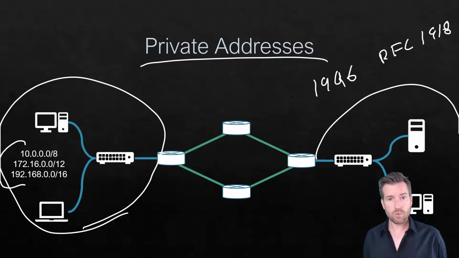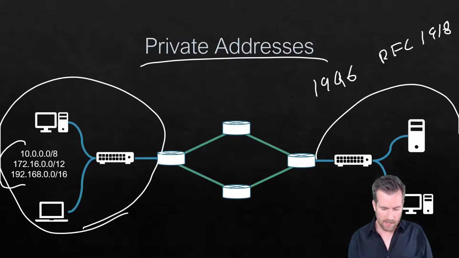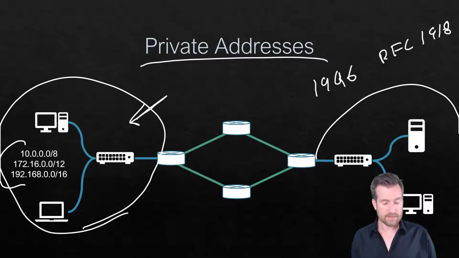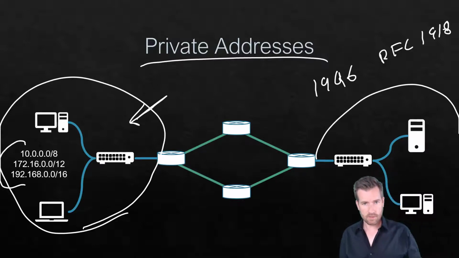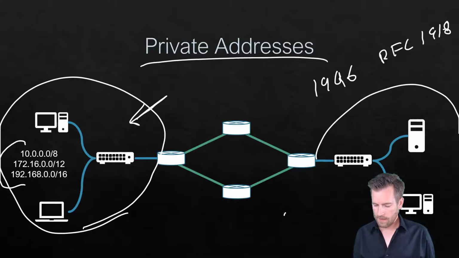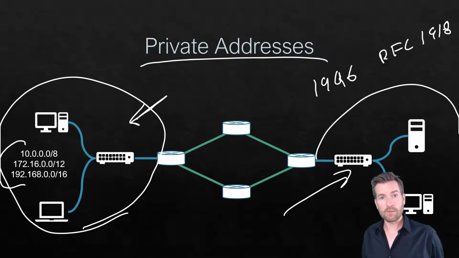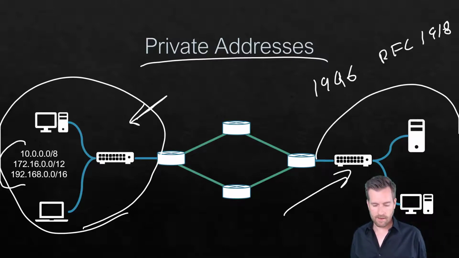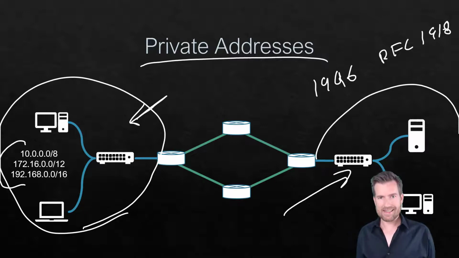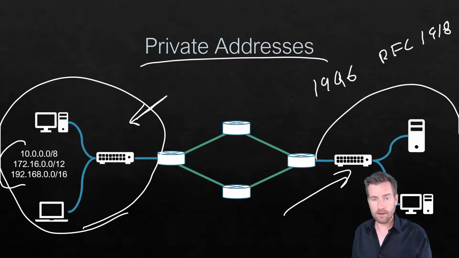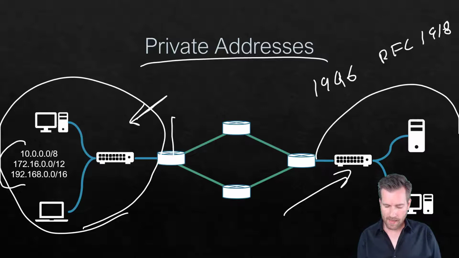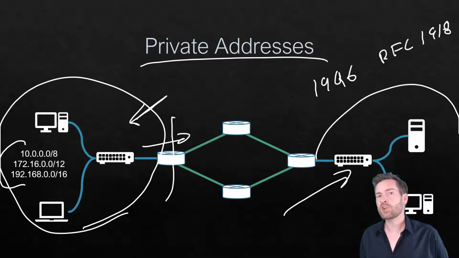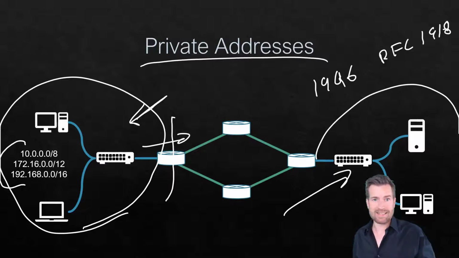With each one of these, my home can use one of these address ranges to define that network, and my company can use one of the ranges as well to define that network. And once again, it's not routable out on the internet. So once it goes past my external router, it's going to need to be translated into something that's not a private address. It will need to be a public address at that point in time.